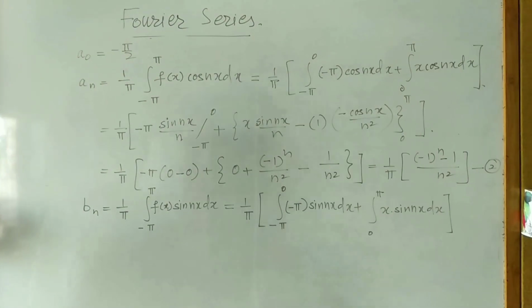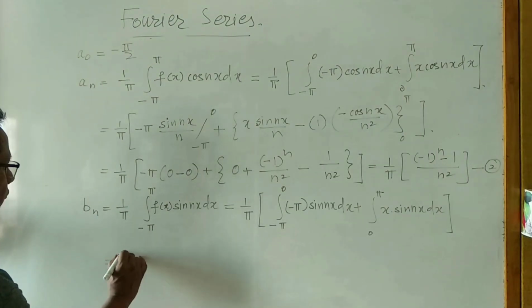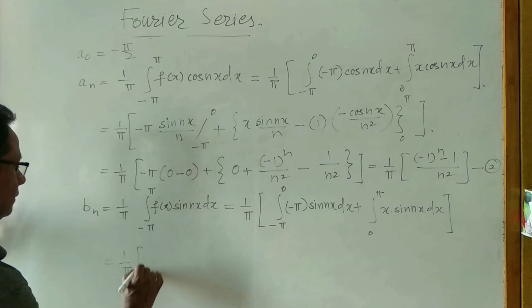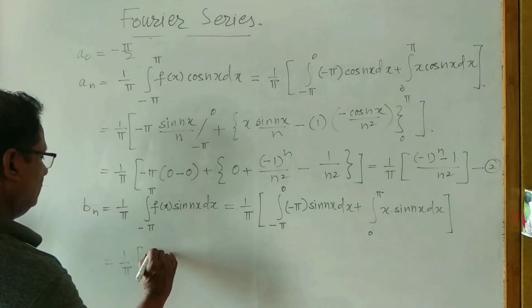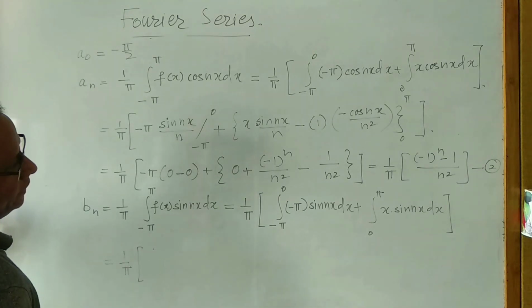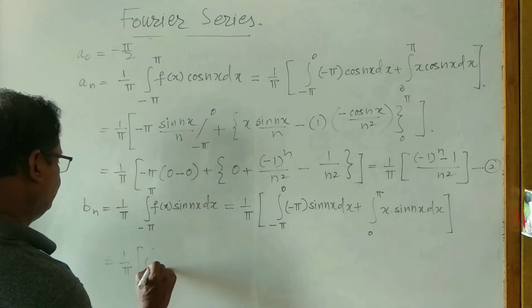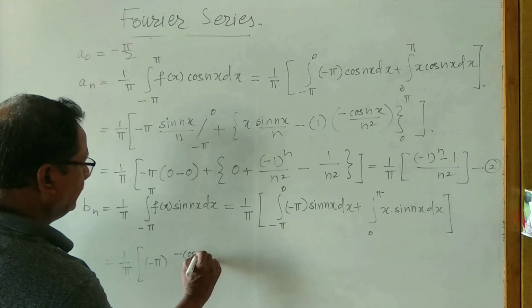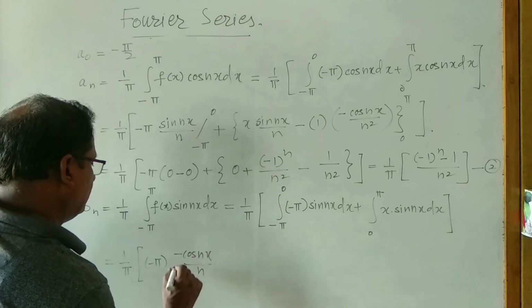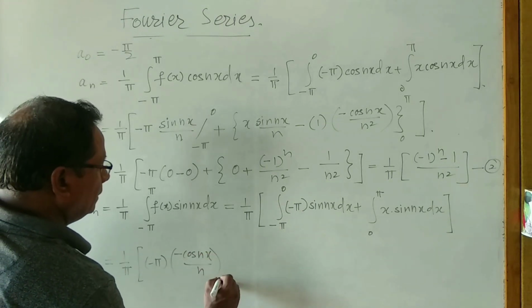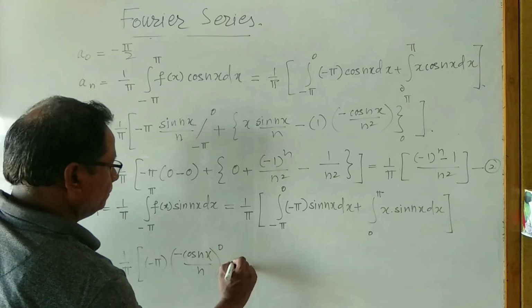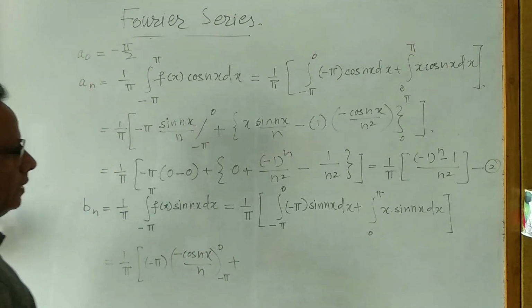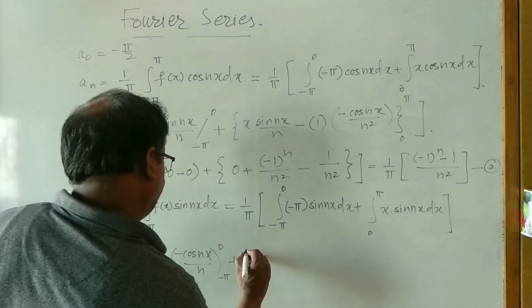Solving these integrals and simplifying, 1 upon pi we get minus pi integral sin nx. Integral of sin nx is minus of cos nx upon n within the limit minus pi to 0 plus integral of x sin nx.